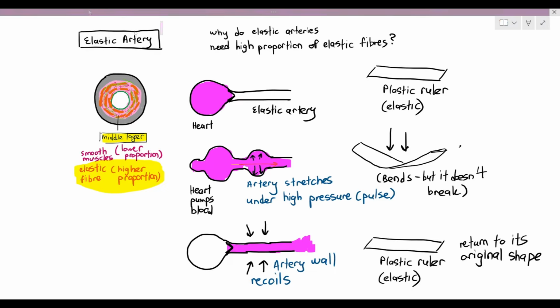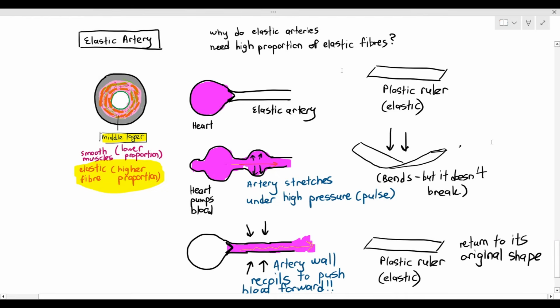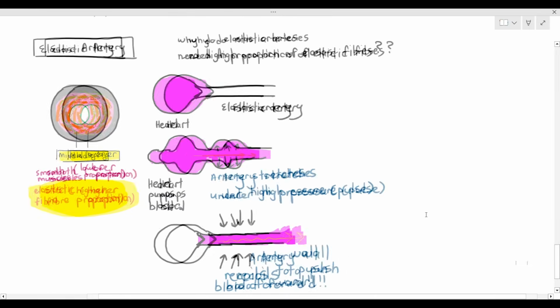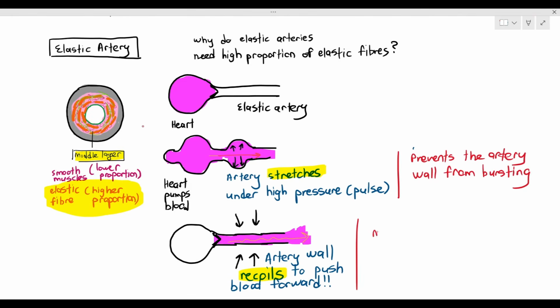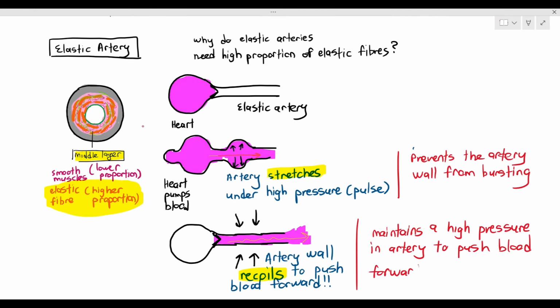Okay, and the recoil is good because when it recoils, the blood that is collected in that artery will be pushed forward. So this is why elastic arteries have a high proportion of elastic fibers. The very important reason is to allow it to stretch under high pressure, so it prevents the artery wall from bursting, and it also allows the artery wall to recoil, to push the blood forward, and in doing so, it maintains a high pressure in the artery.